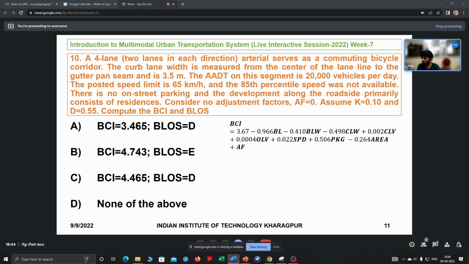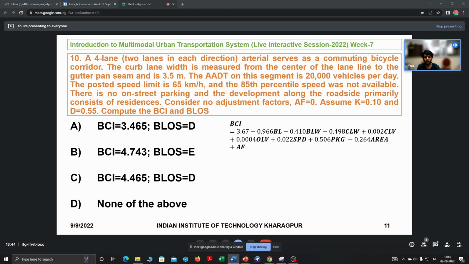But for a particular direction, the volume has to be calculated. How is it calculated? 20,000 vehicles per day into 0.55 is the one-directional volume, into 0.10. This is the peak hour volume.